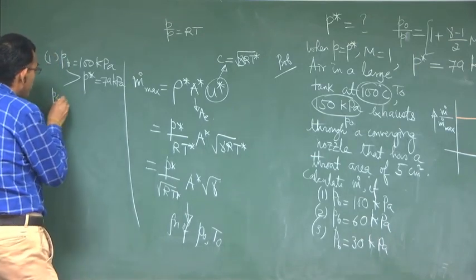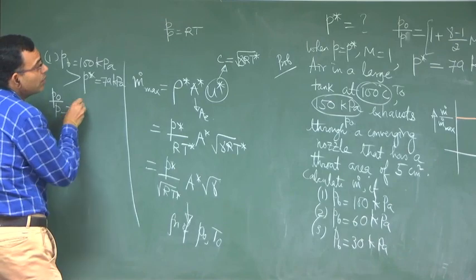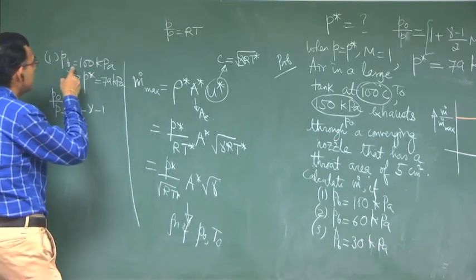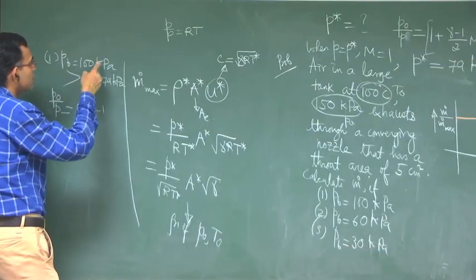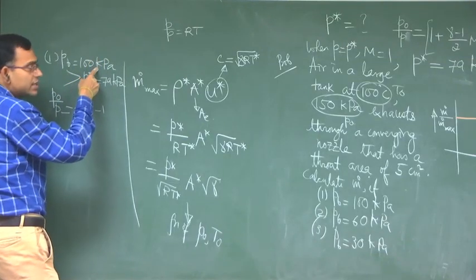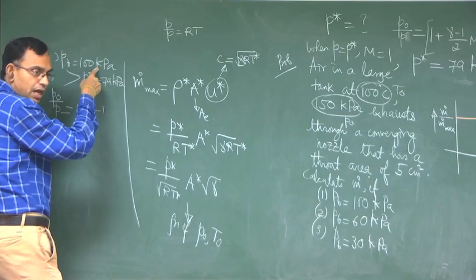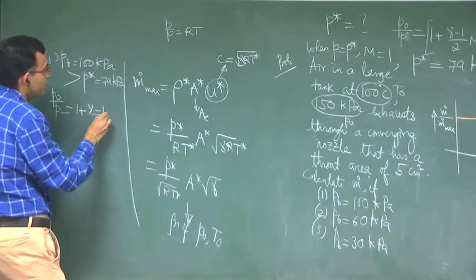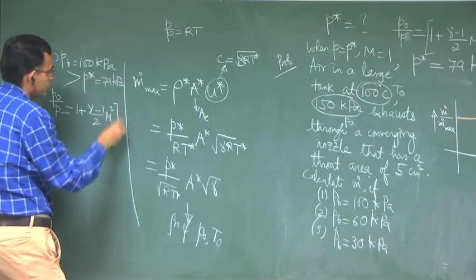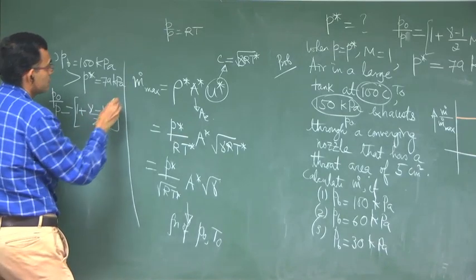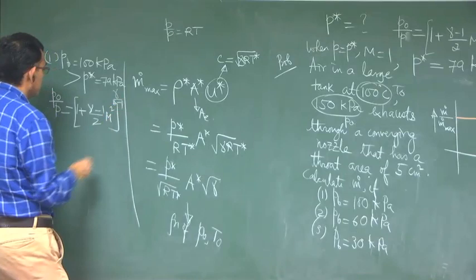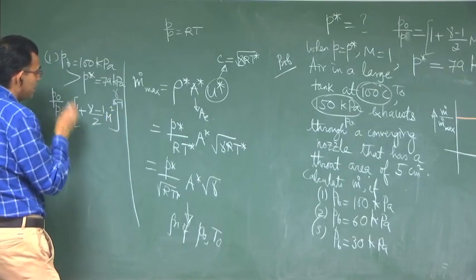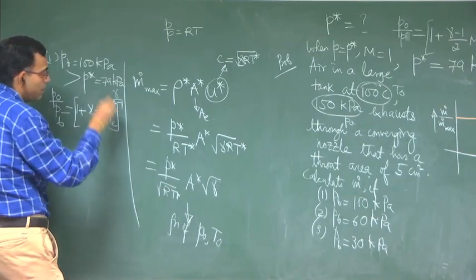Now, you have P0 by P, that formula we will use here. So, the question is that at this back pressure, what is the Mach number at the exit of the nozzle, that is what you have to find out. So, we can use this formula straight away. If you put the back pressure, then you will get Mach number at the exit.